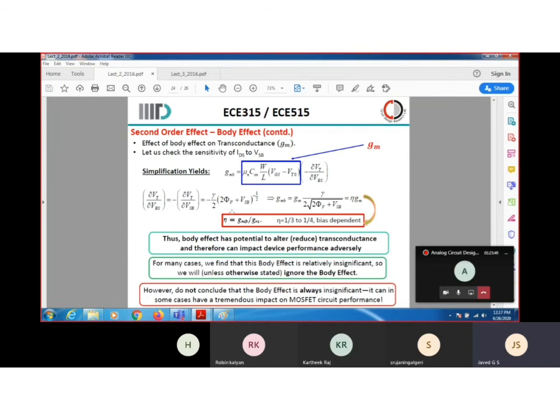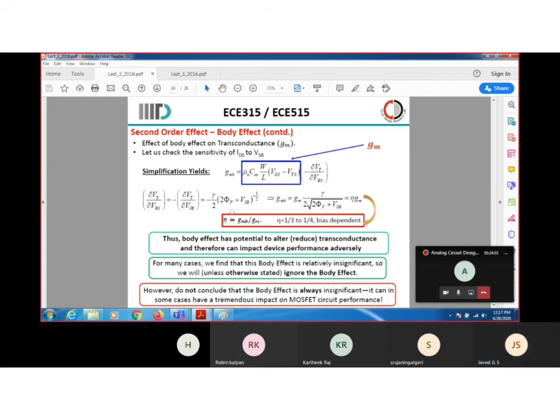If you take the standard values of gamma and the standard values of φf, you will typically end up with 1 over 3. Now when you add VSB into the picture and sweep VSB across your range, it will reach from 1 by 3 to 1 by 4. So that is how this empirically derived formula has come.